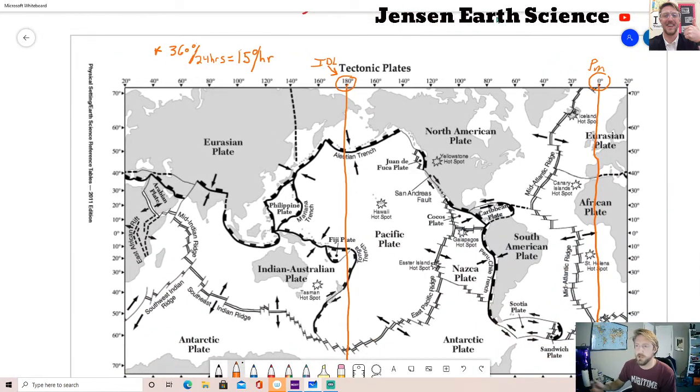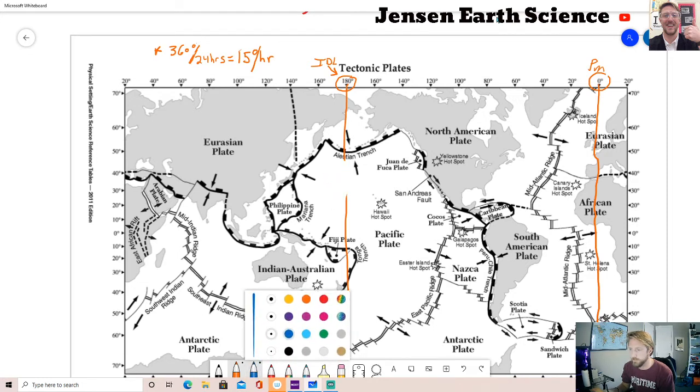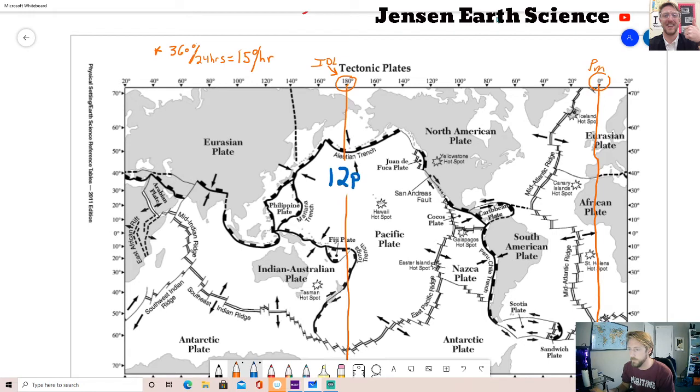Most of the questions you're going to get are going to have to do with something being a certain time somewhere and a different time somewhere else. All right, so if I'm at the international date line and we say it is 12 p.m. at the international date line, we want to figure out what it's going to be at, let's see.